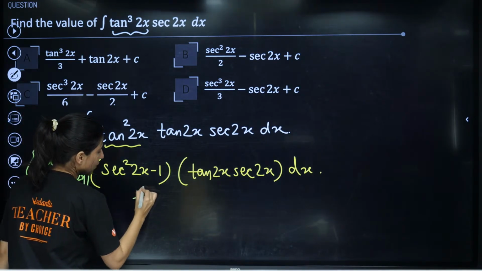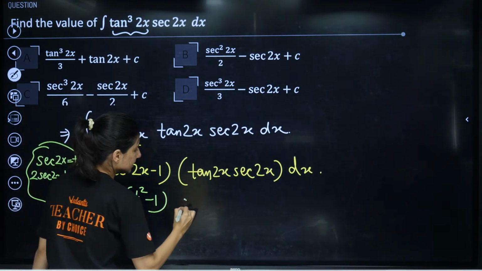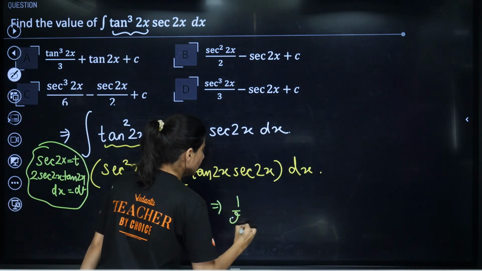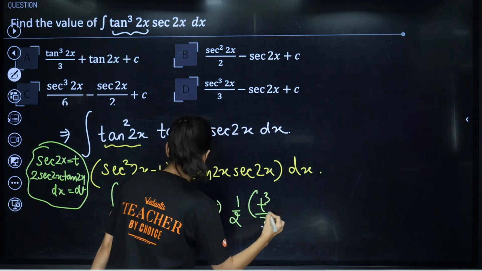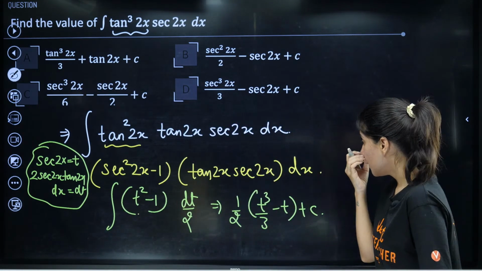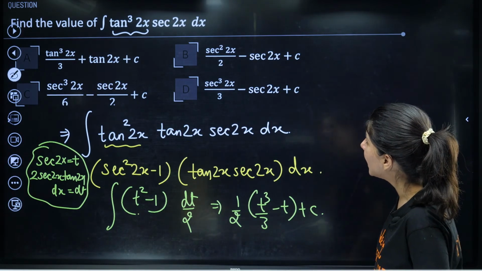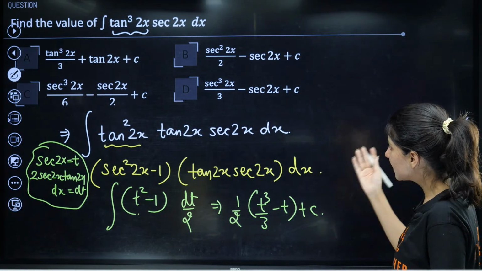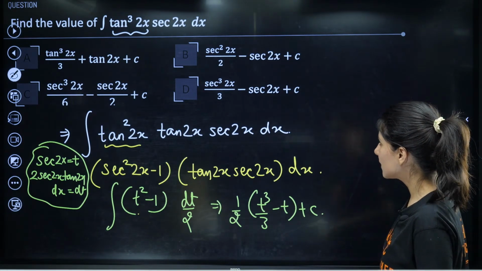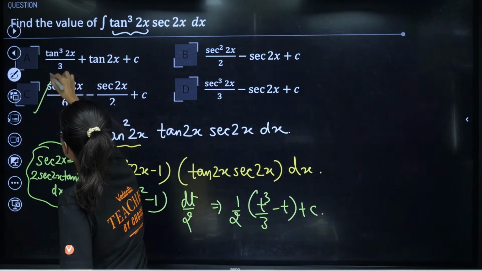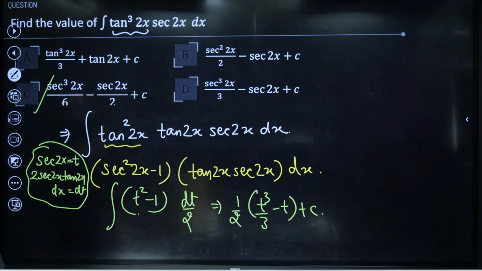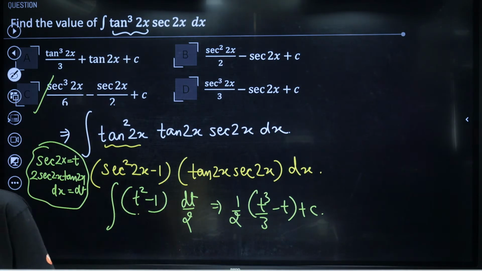So this is the integral of t square minus 1 into dt by 2. That's it. So 1 by 2 into t cube by 3 minus t plus constant. Now you put t as sec 2x. So this is option C. Option C again, absolutely right.